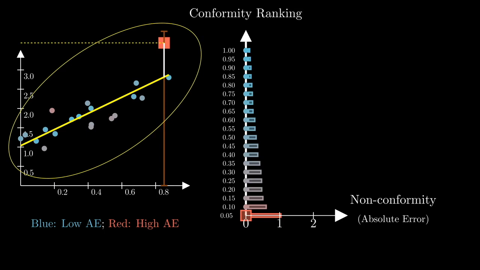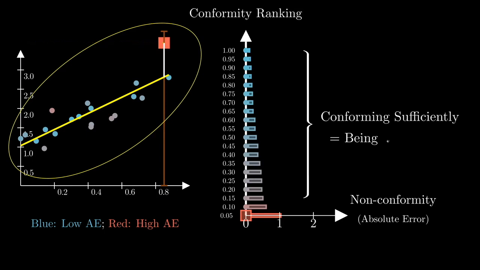And our method of measuring non-conformities, that is, fitting a model and measuring absolute errors, has successfully taken that into account by putting the square at the bottom of the ladder in the right plot, outside the top 90%. So the current plausible value will not be included in the 90% prediction interval.